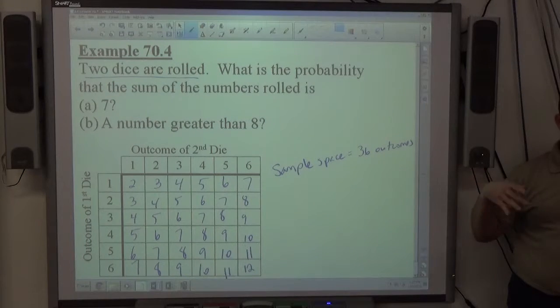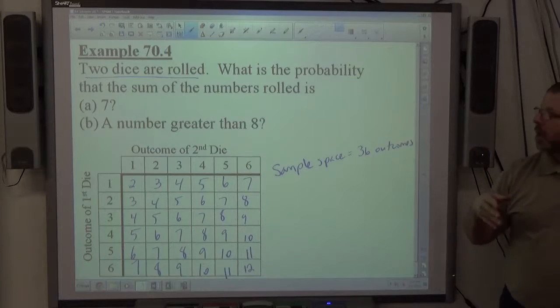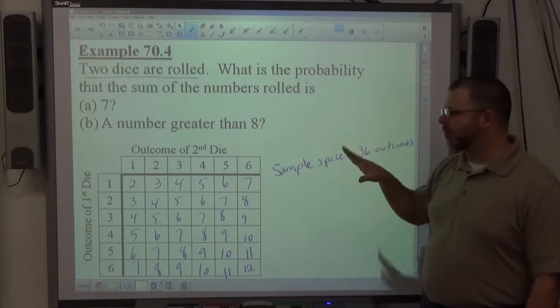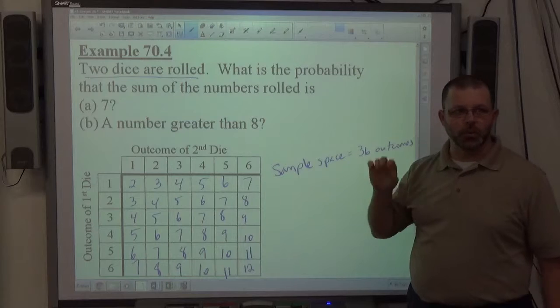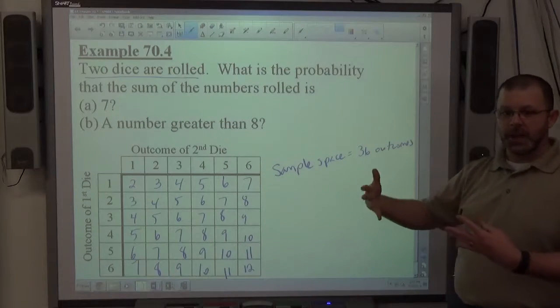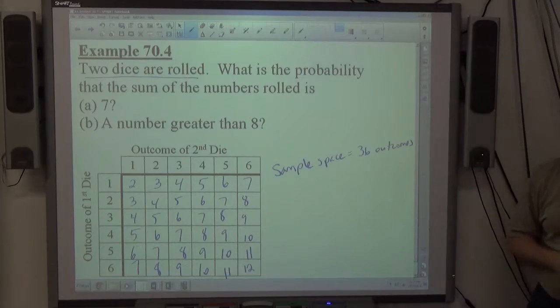Each time you add a die, you're adding a lot of outcomes. So, 36 outcomes for 2 dice. We only do 2 dice in this class. Don't worry about those other ones. But just know that as you add more dice, it's going to be a lot more outcome possibilities.